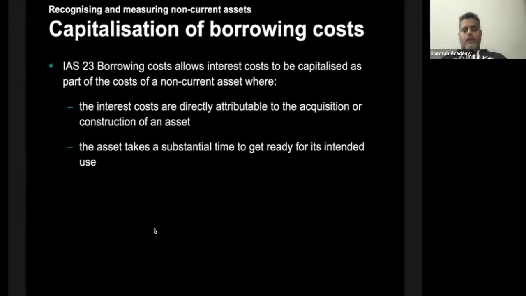Right? So this is the story overall as far as the capitalization of the borrowing cost, or IAS 23, is concerned.